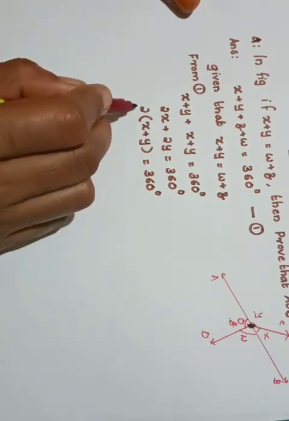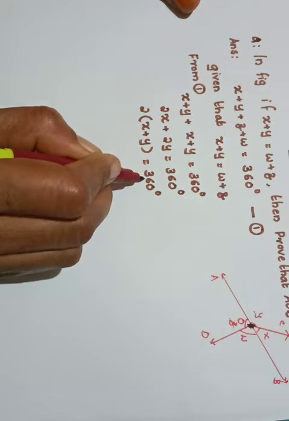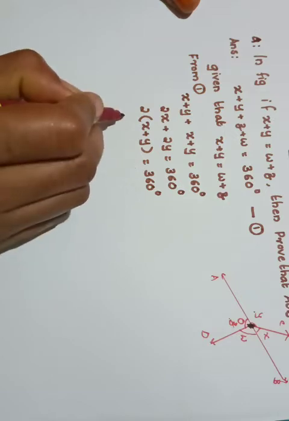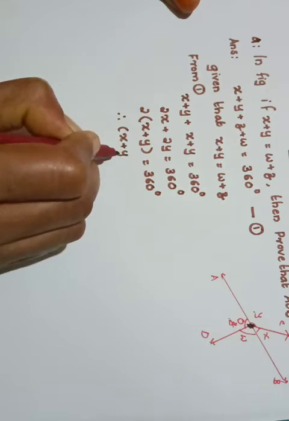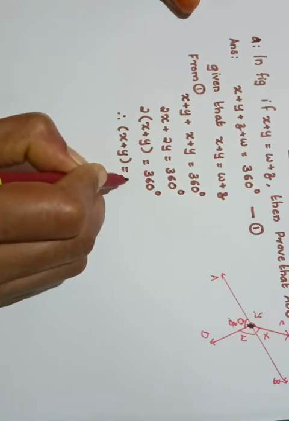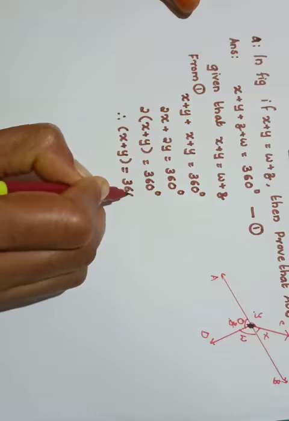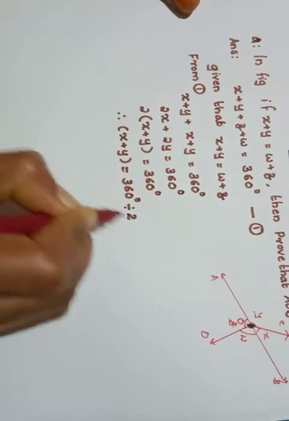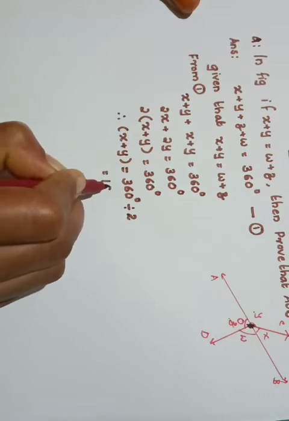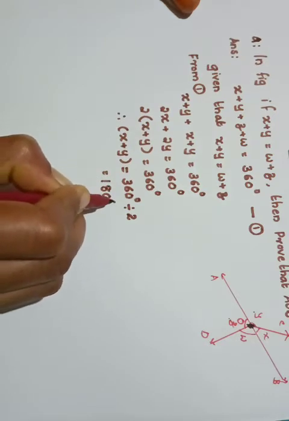If 2 times X plus Y is 360 degree, what will be X plus Y? So X plus Y is equal to 360 degree divided by 2, which is equal to 180 degree.